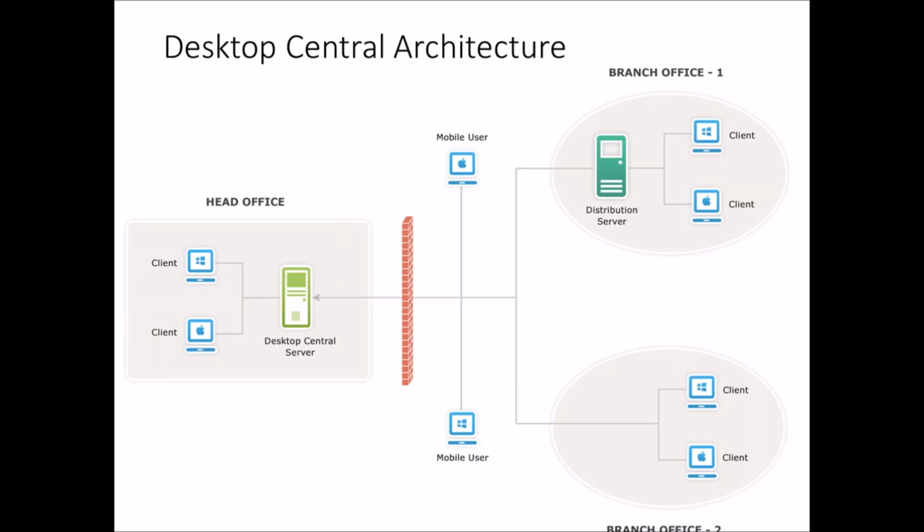It can store the patches and software scripts in the remote office so that those computers need not come across the network to reach your central server. It can be taken locally. And similarly, roaming users, people who are on the road, can also be managed when you move Desktop Central to the edge. That means accessible from the outside network, or if you have a VPN network, it is possible to manage everything, LAN, WAN, and roaming users.